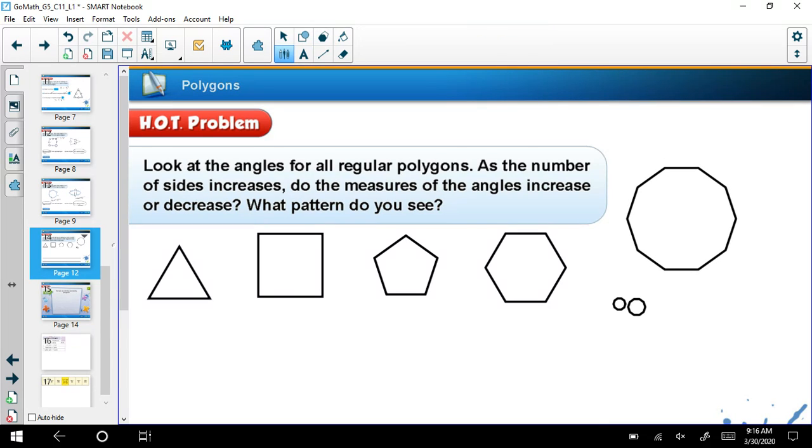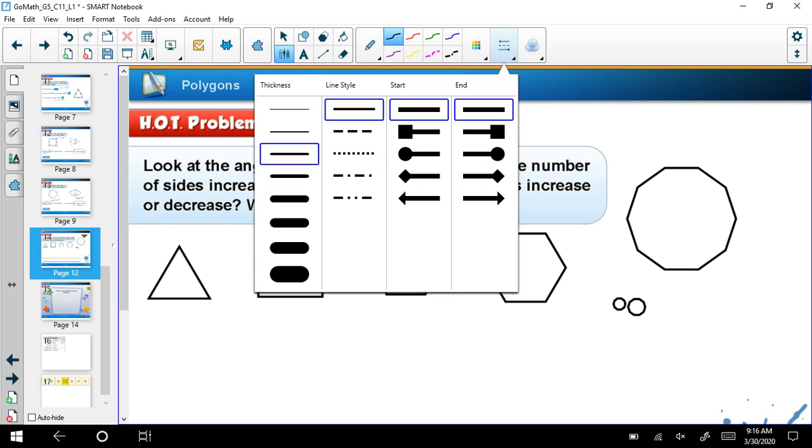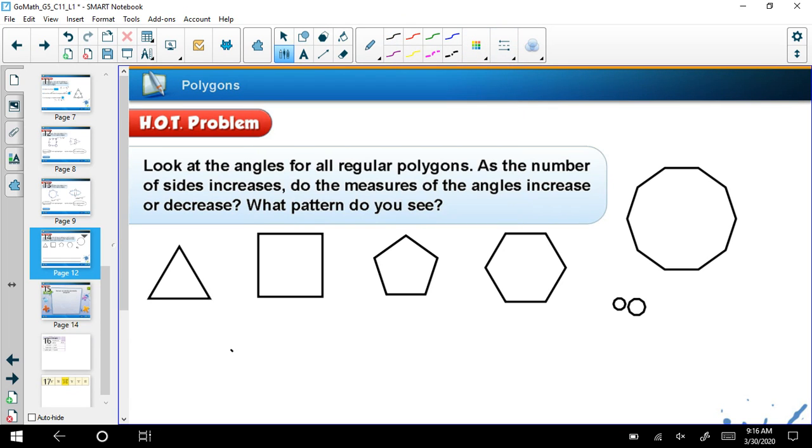So as we look at these and we look at the size of each of our angles, hopefully we're starting to notice that these three angles in the triangle are a little bit smaller than our angles in our quadrilateral.